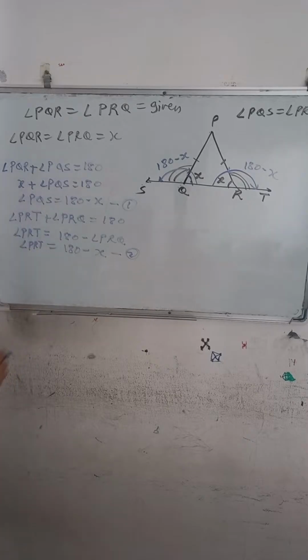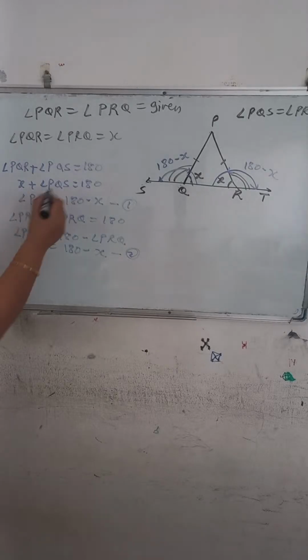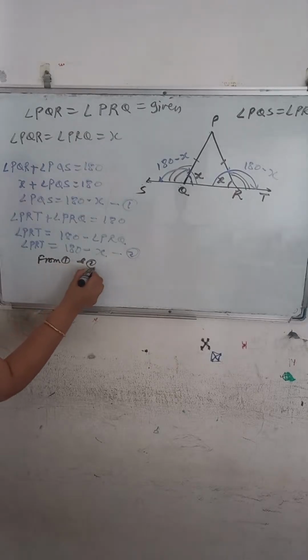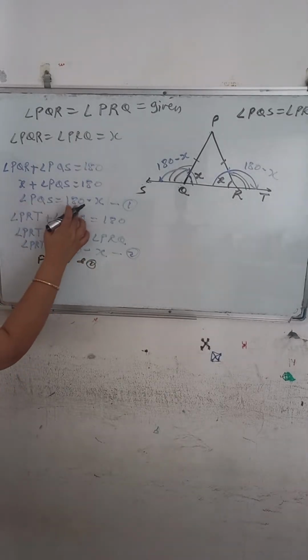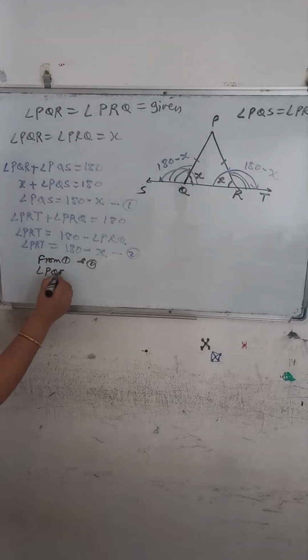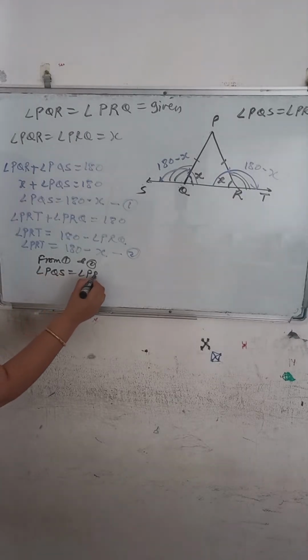From 1 and 2, PQS is 180 minus x, and PRT is also 180 minus x. Their right-hand sides are the same, so the left-hand sides we can also equate. So angle PQS is equal to angle PRT.